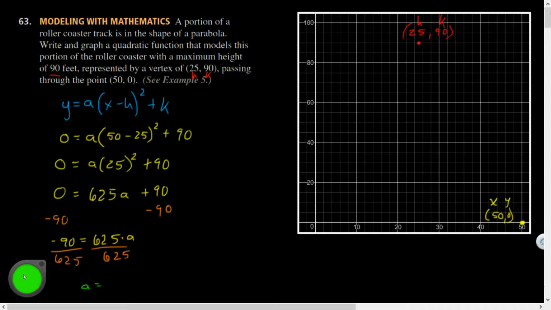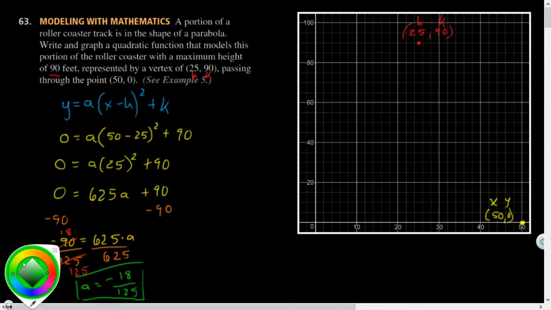Let's start canceling that out. 10 doesn't go into both of those. 5 goes into both of them. 5 goes into 90 18 times, and 5 goes into 625 125 times, I think. So I believe it reduces to negative 18 125ths.